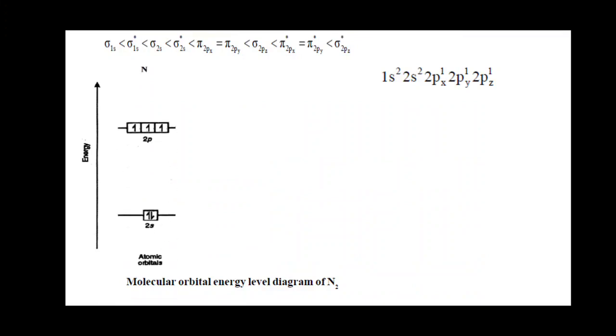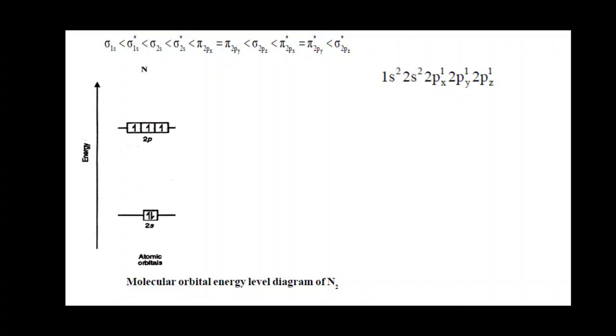Next step, the atomic orbital: after filling the electrons in the orbitals, how can we write it? 1s2, 2s2, 2p3, we can write like this. On the left hand side I have given one nitrogen atom's atomic orbital.